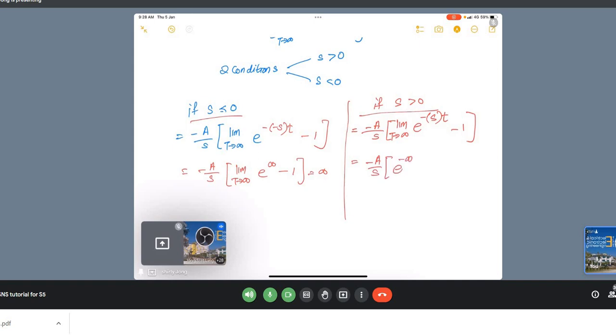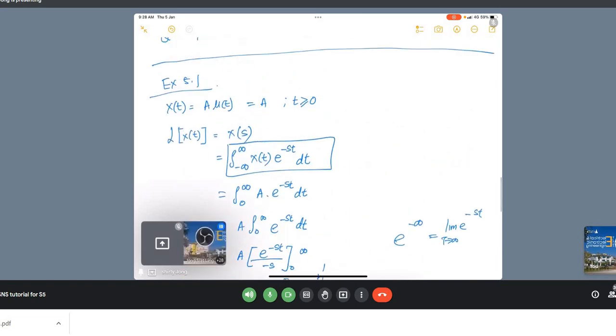Negative infinity, so negative infinity will obtain 0. So you obtain a over s. You got it, class? Again, Doctor?